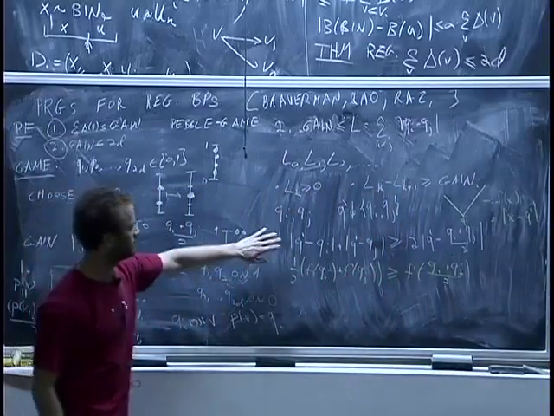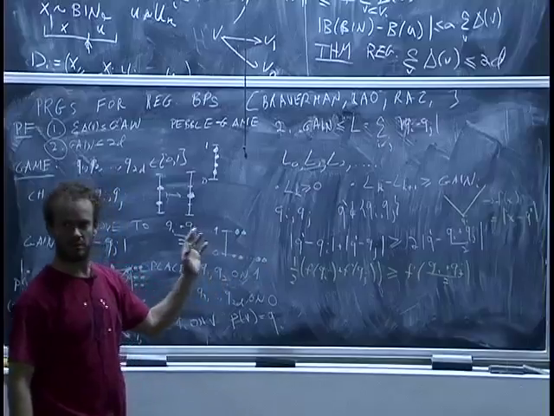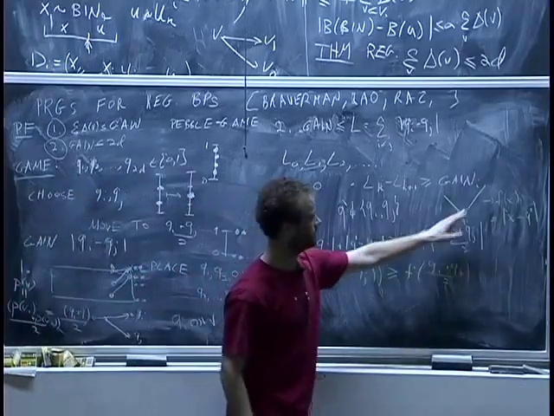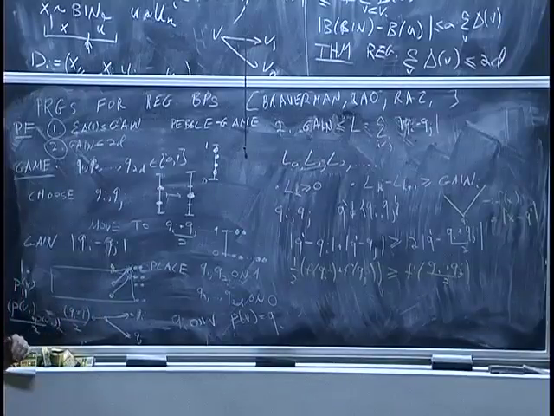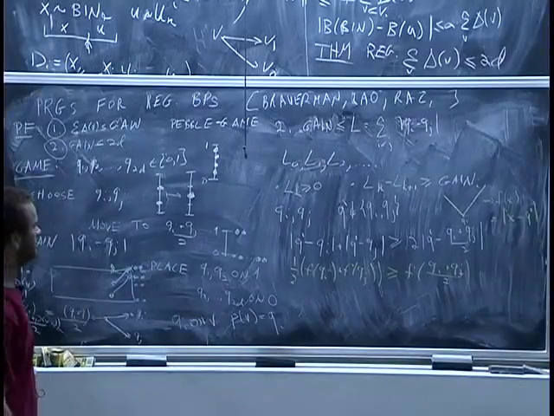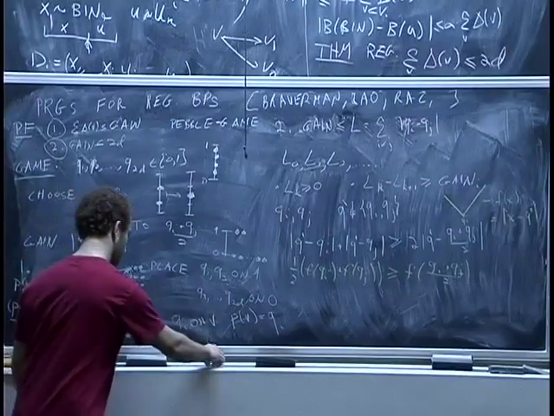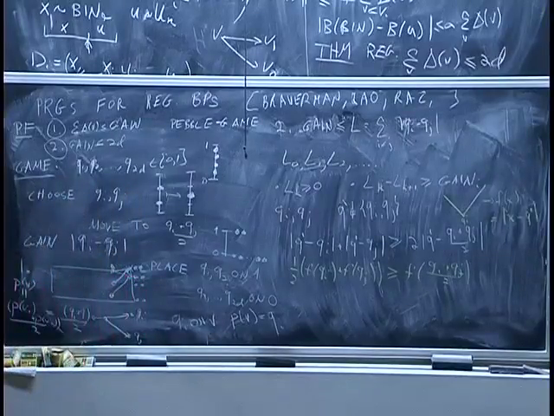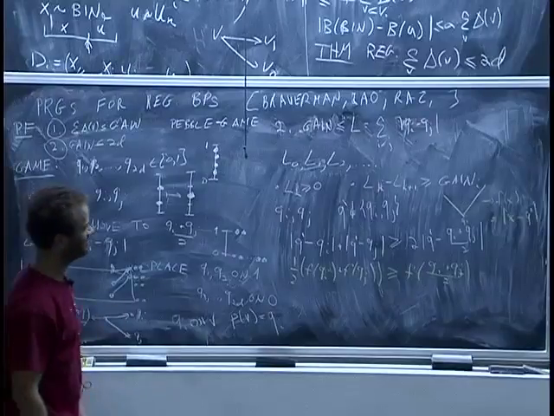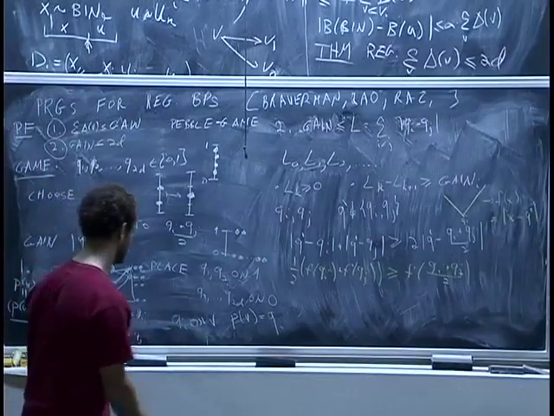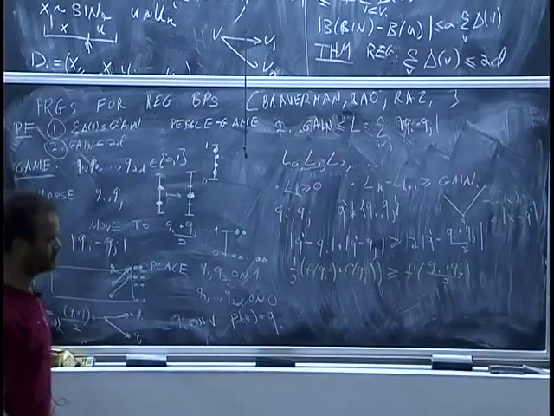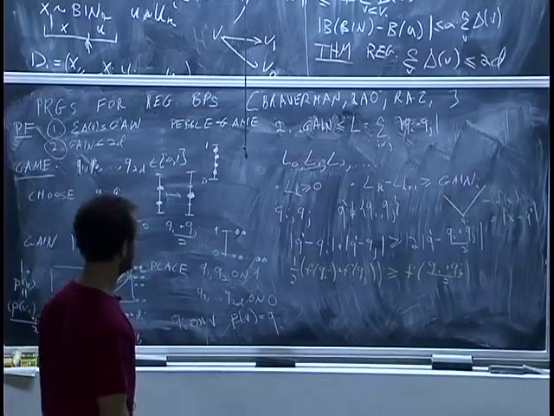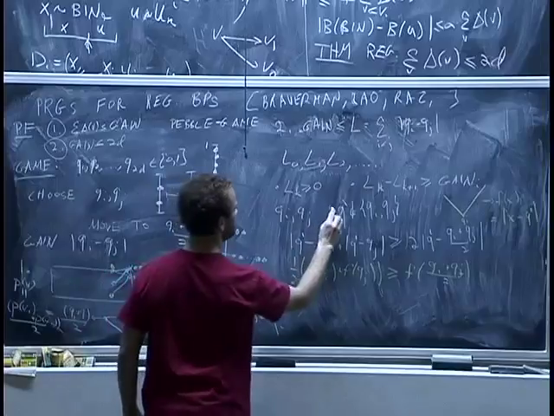This is exactly what is written here, and this follows by the convexity of this function. In other words, you can think of Q prime equals 0. If Q prime is bigger than both of them, it's the same. If it's smaller than both of them, it's the same. If it's in the middle, they're both moving closer to Q prime.